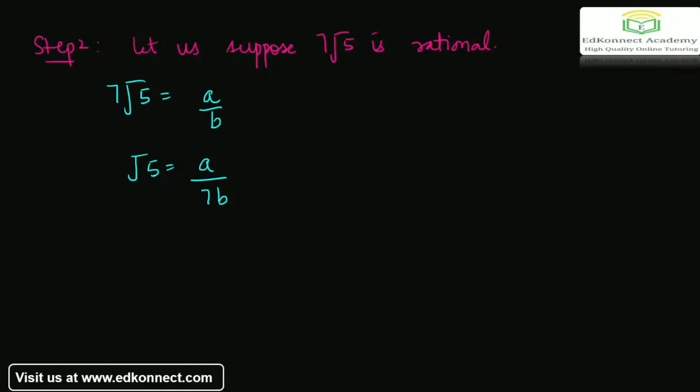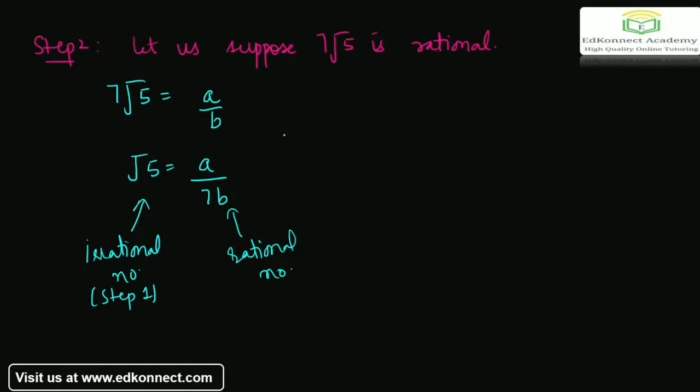Now see, in the LHS we have an irrational number. So this is an irrational number by step 1. And on the right we have a real number, and 7b is also a real number. So real number upon real number is a rational number. It is written in the form p by q, and q is not equal to 0. 7b is not equal to 0.